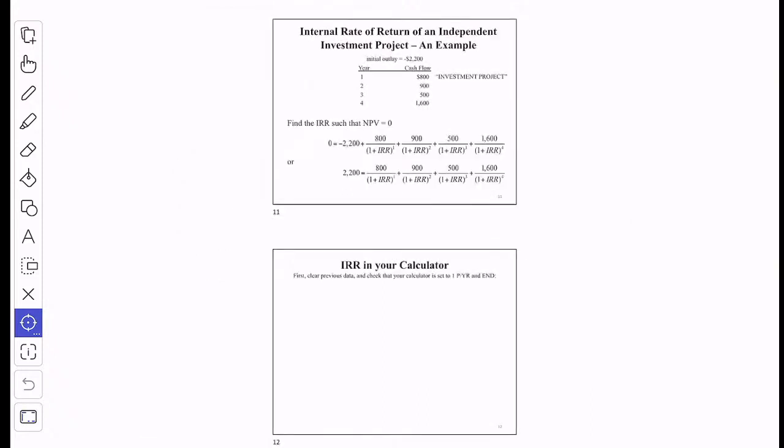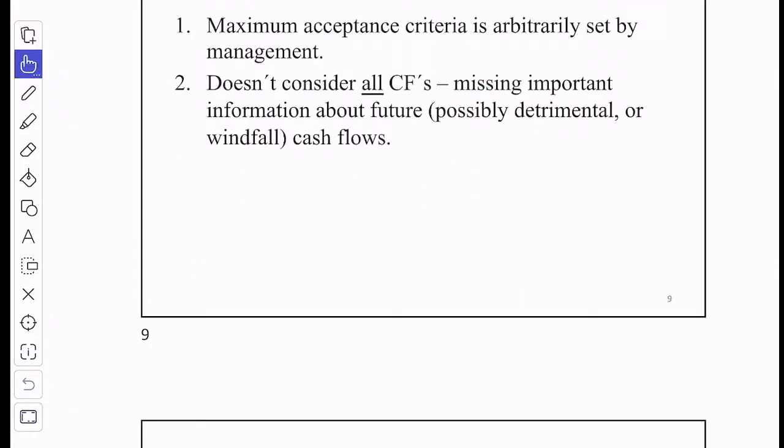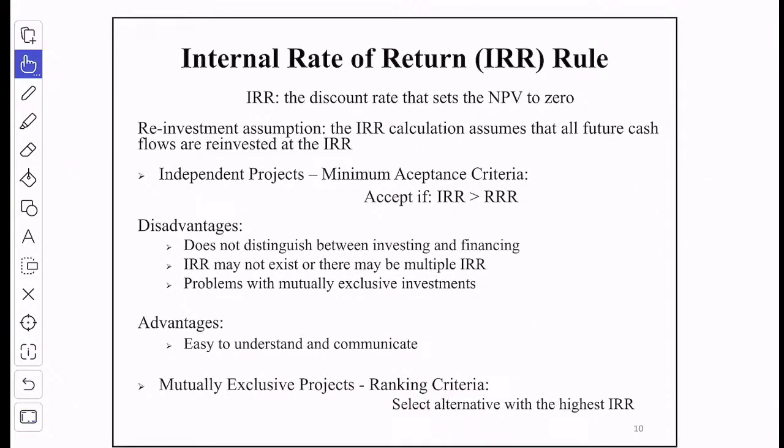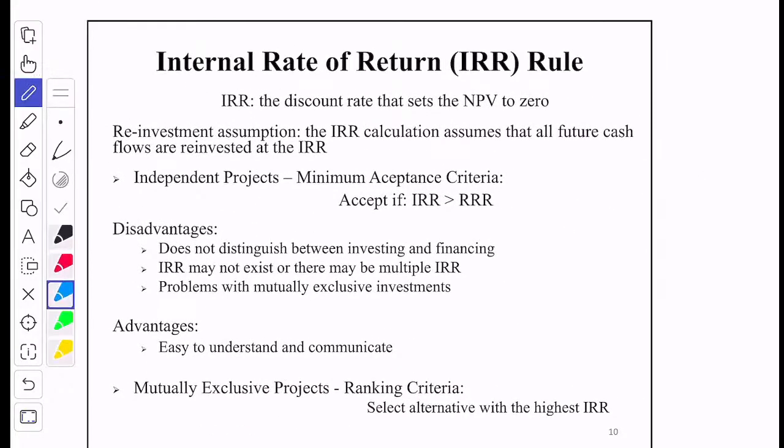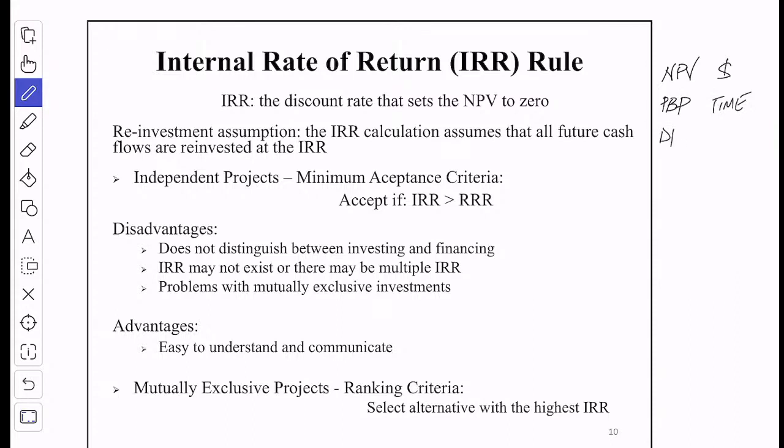All right, what next? So here's another rule. So far, just to recap, we have NPV, which returns a dollar value, and we have the payback period rule, which gives you time to pay back, and we have the discounted payback period rule, which also gives you time but takes account of the time value of money.